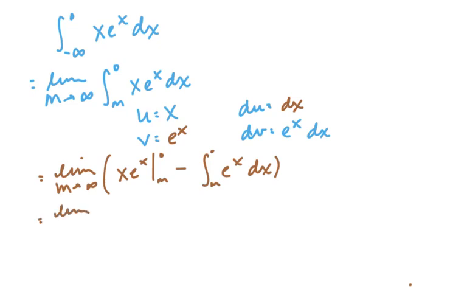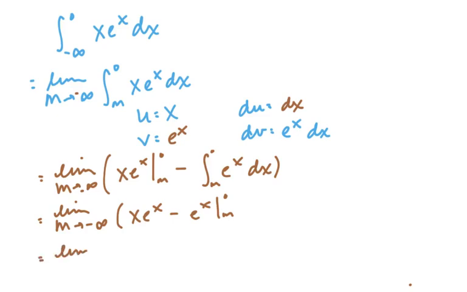So we have the limit as m approaches negative infinity. I left that off. Let me throw that back in. As m approaches negative infinity, we still have x e to the x minus, I'm going to wait and put bounds on the end and let that parentheses carry. The integration of e to the x is e to the x from m to 0.